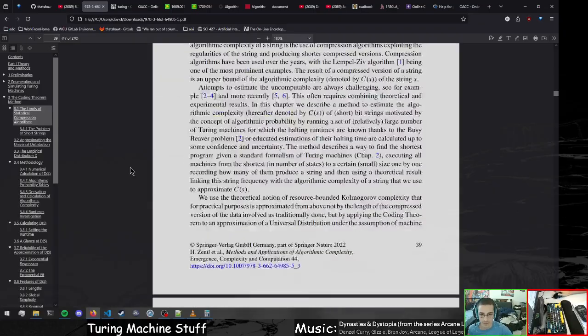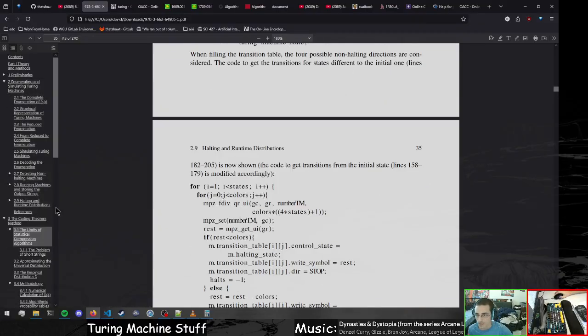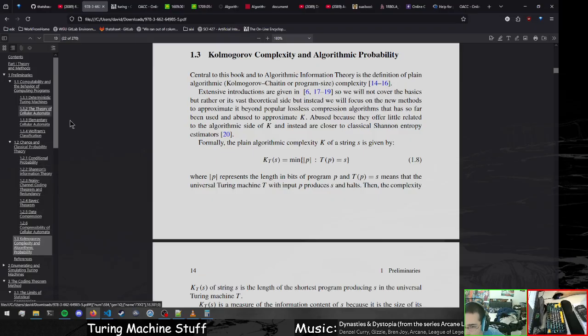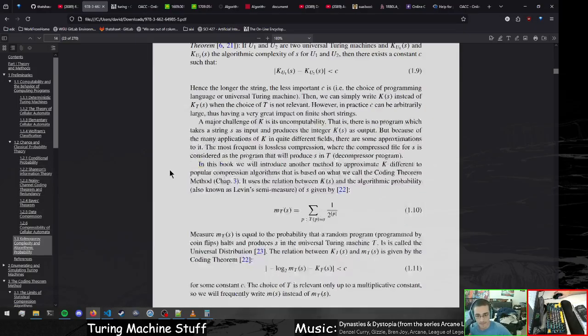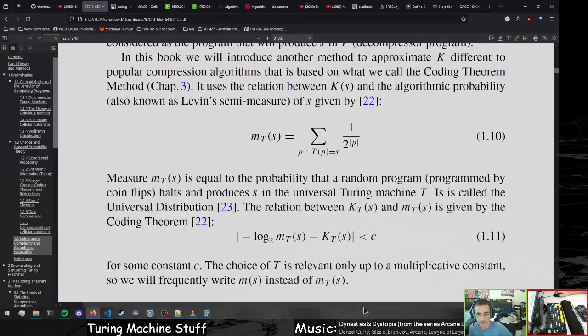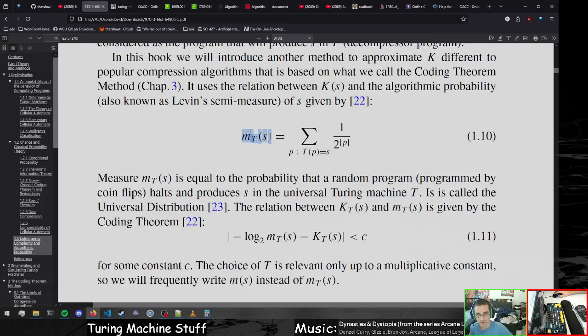Where is the universal distribution? I think it's here. Yeah. Okay. So the algorithmic probability of a thing is you sum up all the programs, and then you get the ones that, yeah, I don't know, probability.